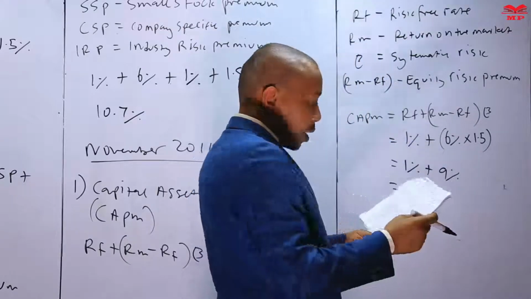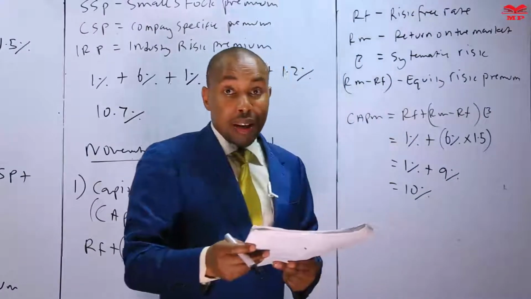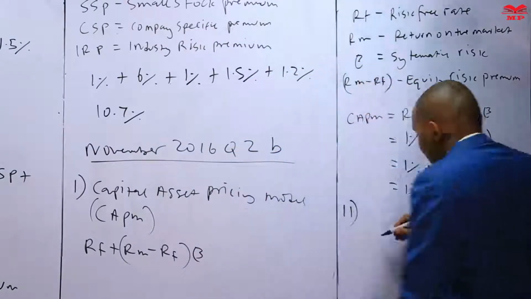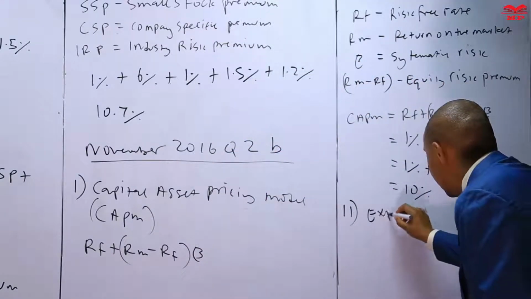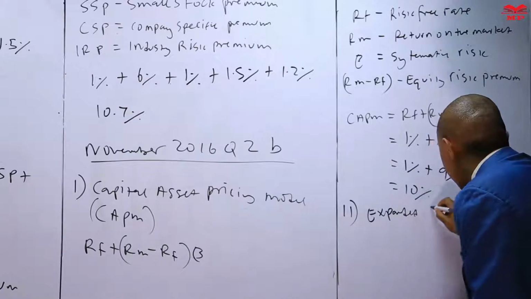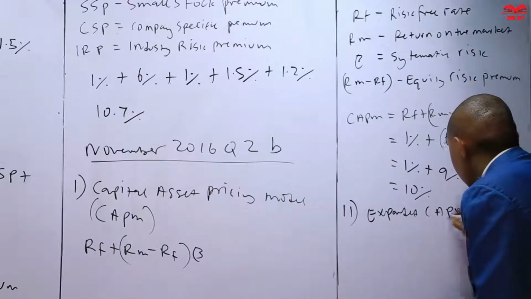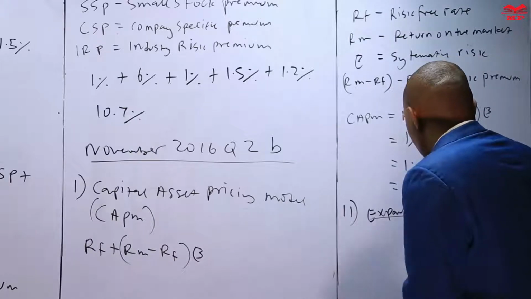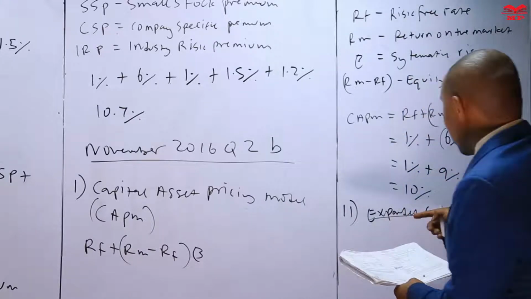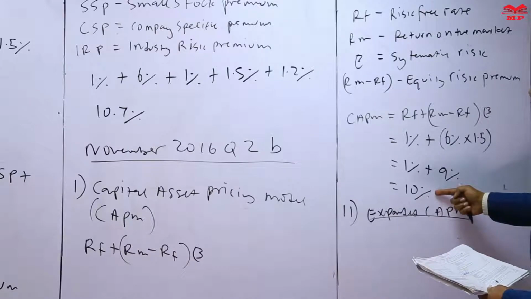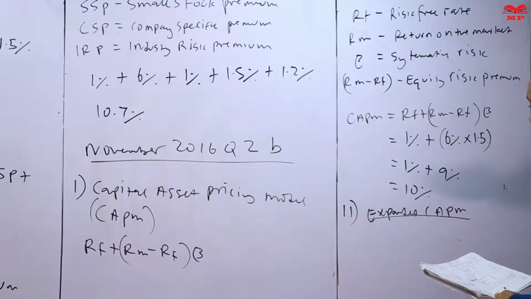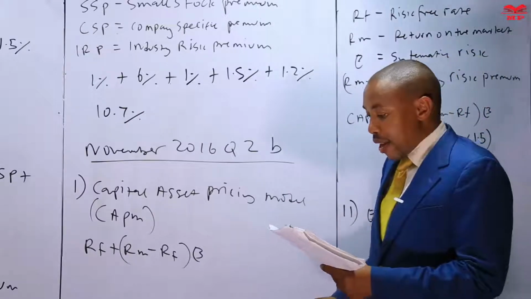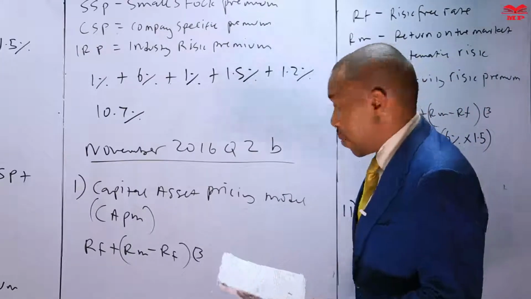Part 2 is asking what? The expanded CAPM. So for the expanded CAPM, first of all, on top of this capital asset pricing model value, we will be able to add small stock premium as well as company specific risk premium only.